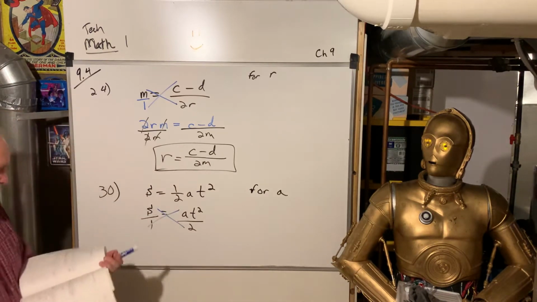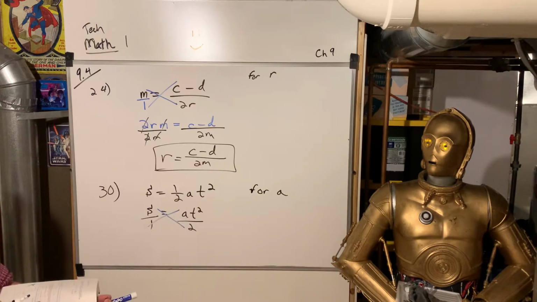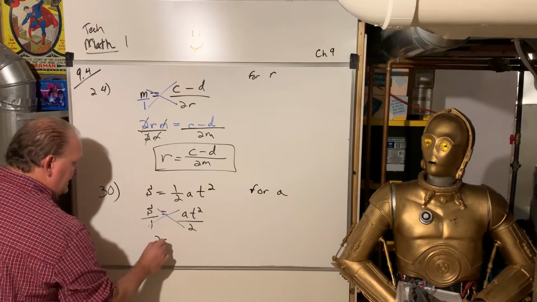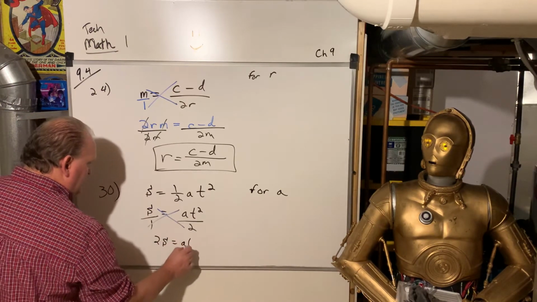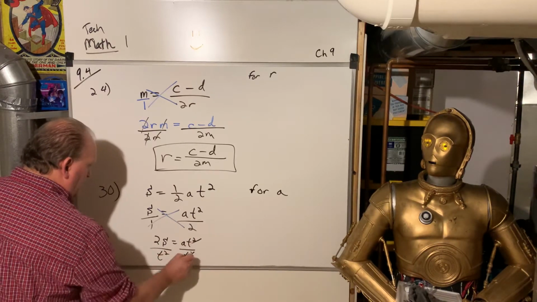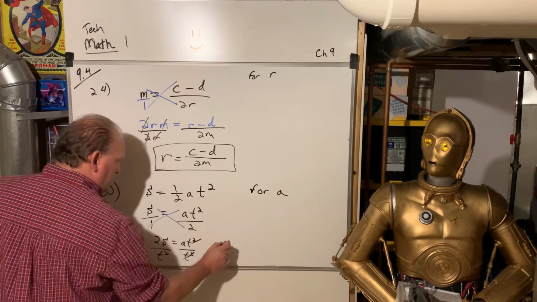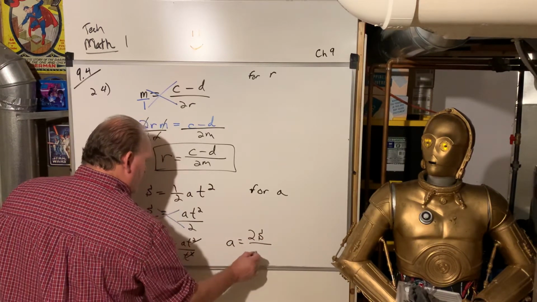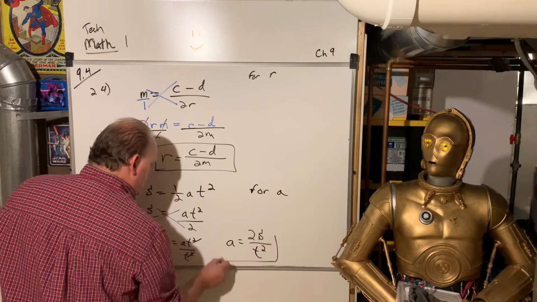There we go. I wrote down the wrong thing. Okay, so we cross multiply, we get 2s is equal to at squared, and then we divide the t squared out. And there it cancels, and that is our answer. So a is equal to 2s over t squared.